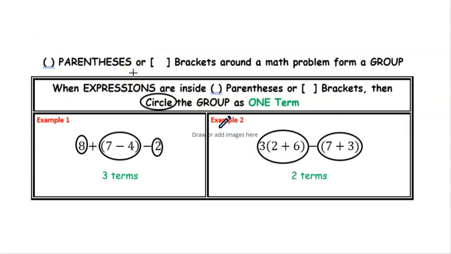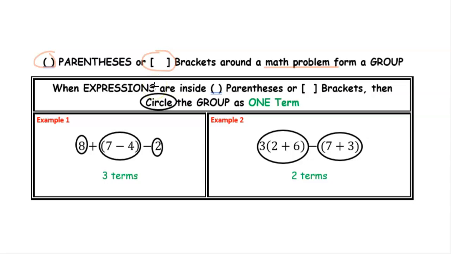Before we can begin simplifying even more complex numerical expressions, we need to analyze those expressions a little bit and be able to still locate those important terms in that expression. So we're going to be learning about terms that have parentheses or brackets. Those are like parentheses, but they have squared corners around a math problem.